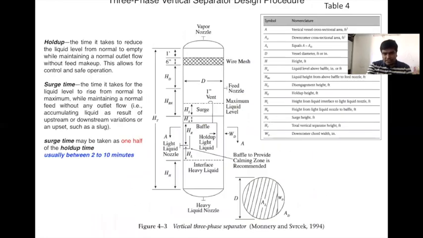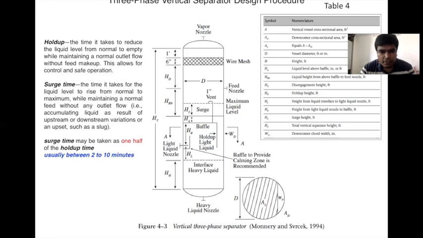So this is the HL, you can see. So liquid, this is the liquid nozzle. From here, the height up to the interface, right? And HS is the height of the heavier liquid from interface to the bottom. So HS and HL both are there, right?